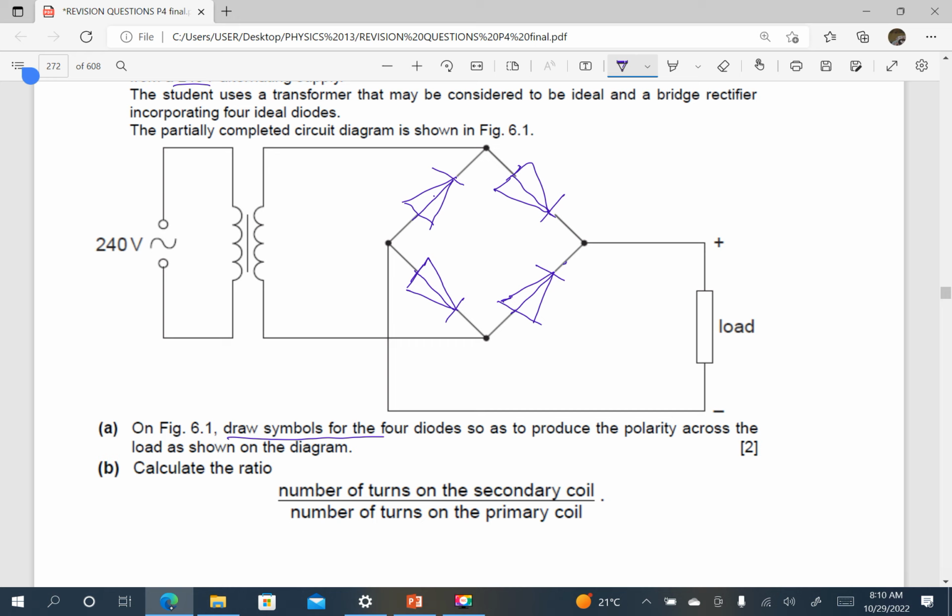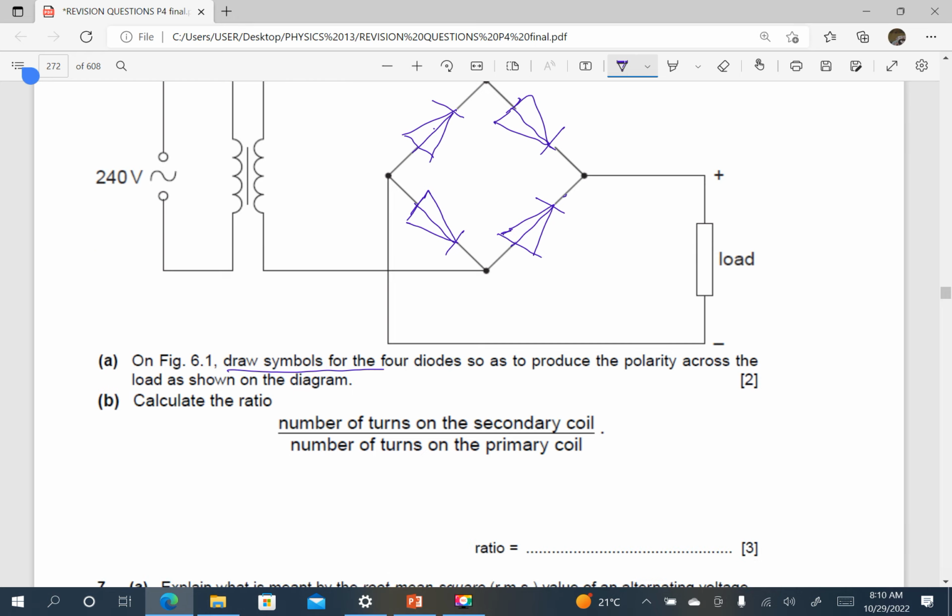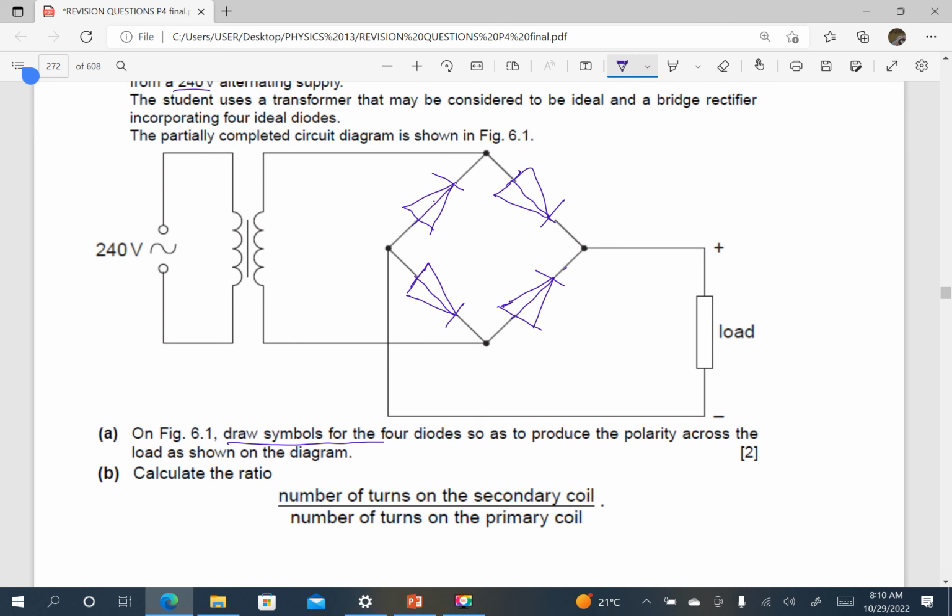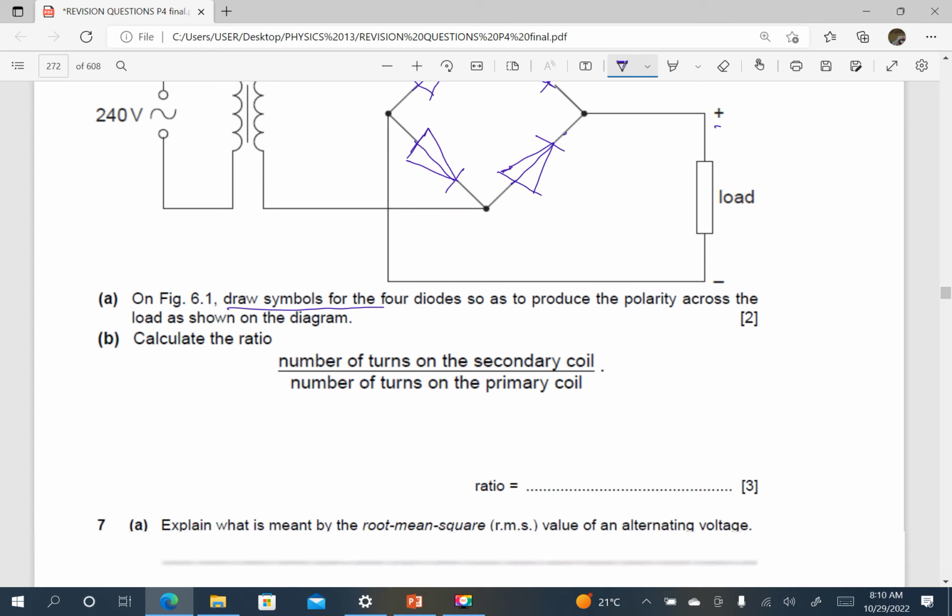So that is the diagram that we shall have. When you look at this diagram, you notice that the diodes are conducting in that particular direction, and therefore the upper part is going to be positive and the bottom part is going to be negative.